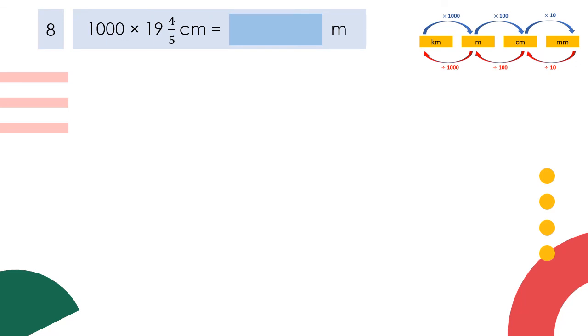Okay, next question. 1000 times 19 and 4/5 cm, and the answer in m. Okay, look, this is a mixed number. For this question, I want to convert into decimal number. So you must remember 4/5 cm equal to 0.8 cm.